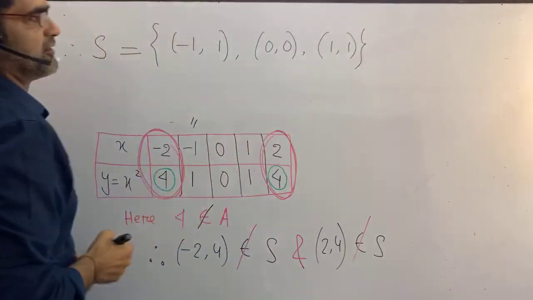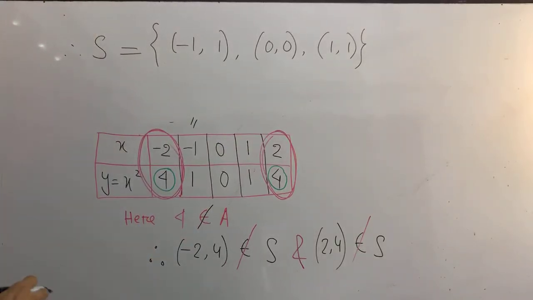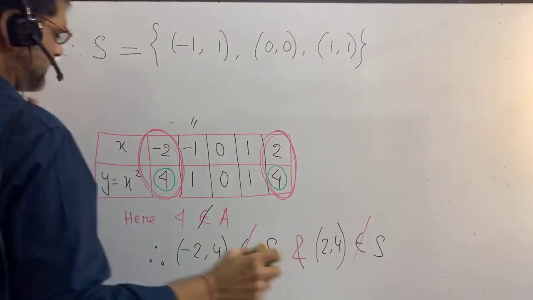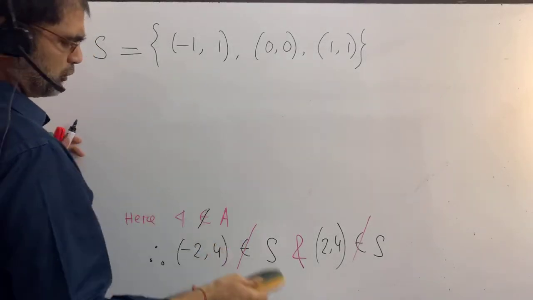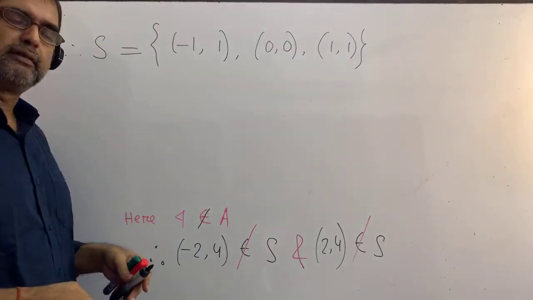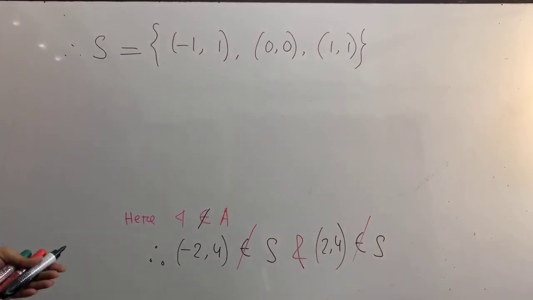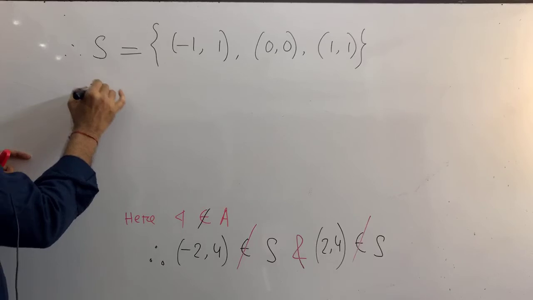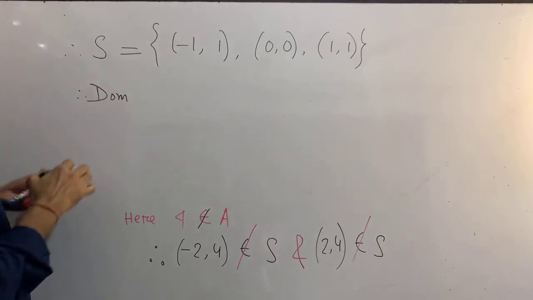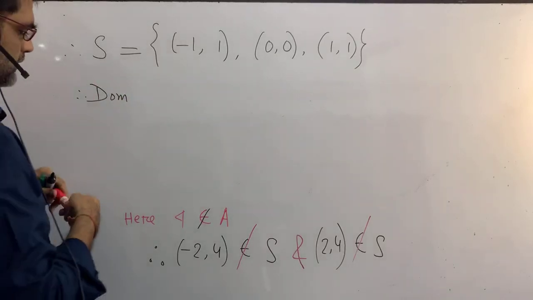We are left with this, right? Okay. Now you see again, we are done here. But what I told you, that we have to determine the domain and range of the relation is. Write down, therefore dom S equal to what?